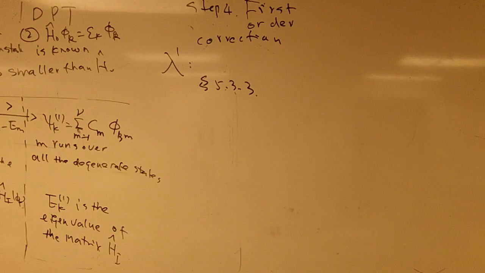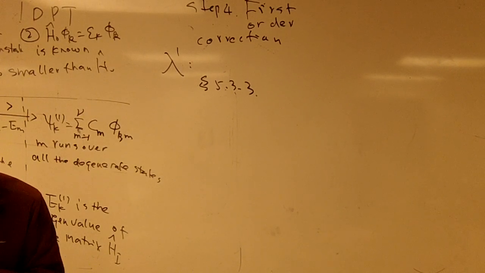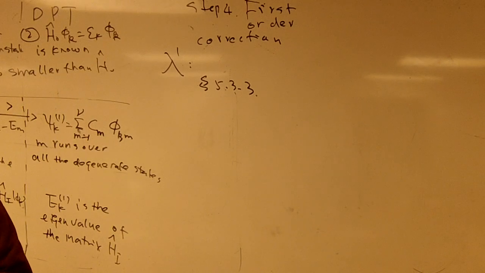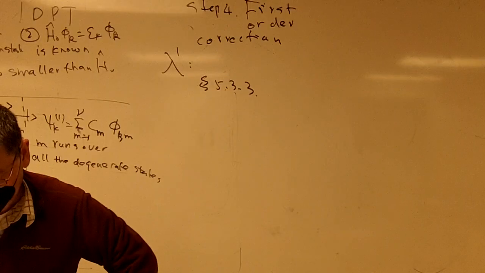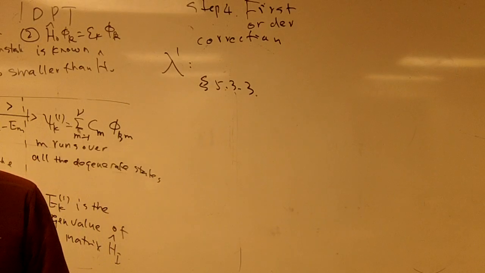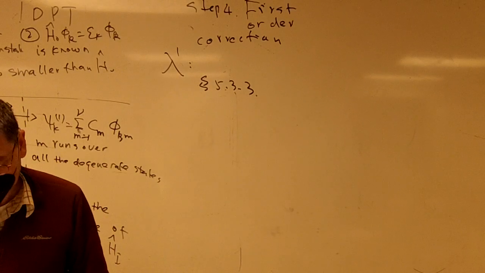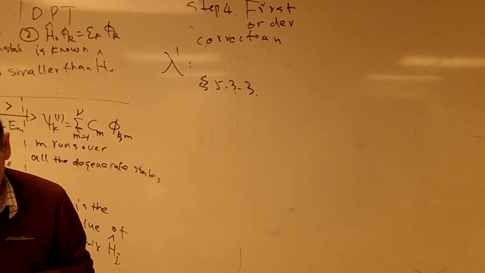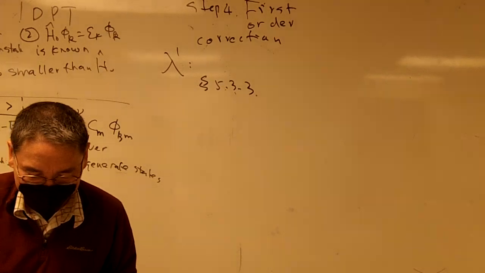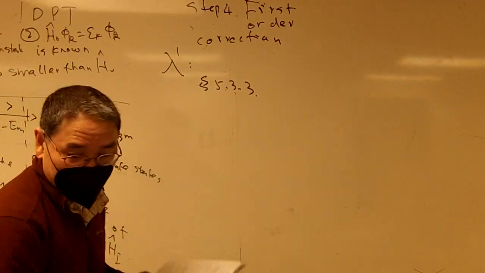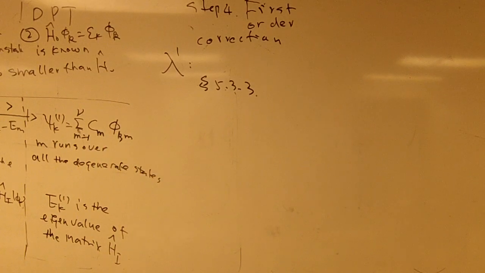For lambda zeroth order, we have the sum from i equals 1 to eta of H hat sub 0 c sub i to the zeroth order phi sub i equals E sub k to the zeroth order, sum from j equals 1 to eta of c sub j to the zeroth order phi sub j.